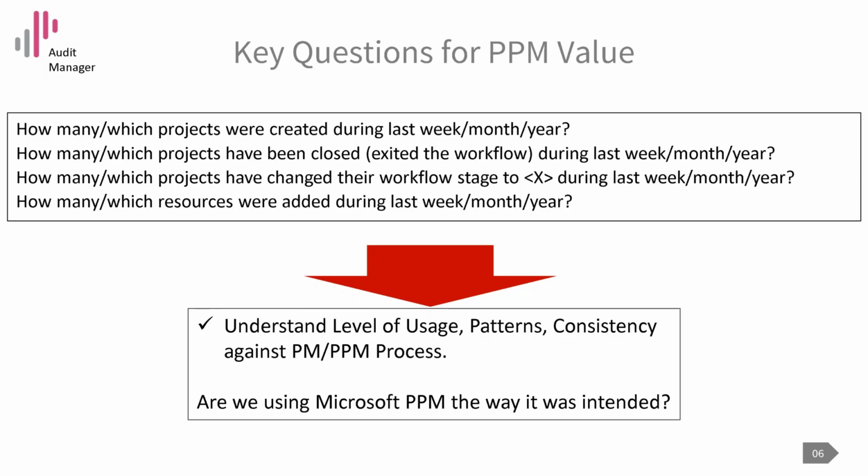From an EPMO or PMO standpoint, this might be valuable just to see whether you're actually reaching the targets that have been defined for the PPM system in terms of project closure, or even understanding where projects are exiting a specific workflow stage. You can actually monitor that with audit.